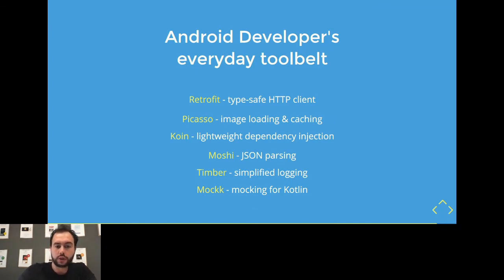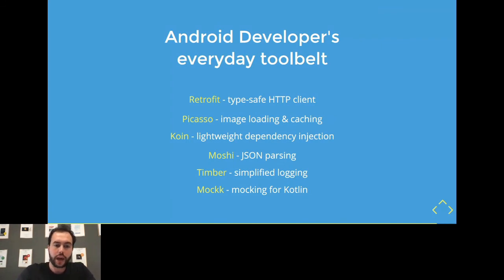Koin goes for a dependency injection engine of choice. This is very nice because it's simplified, it's lightweight, it's less powerful than Dagger, but it works really well for most of the apps which don't actually need all the power from Dagger. Then Moshi is also a really nice JSON library which simplifies parsing. It's been built specifically for Kotlin and works extremely nice with the latest tools that we have.